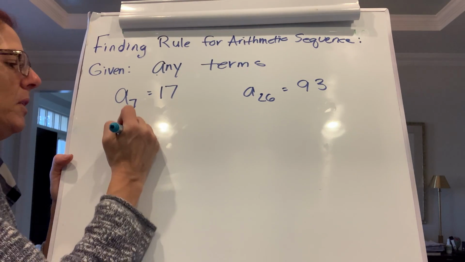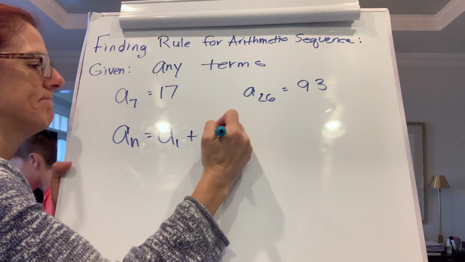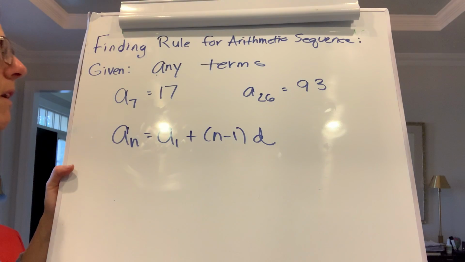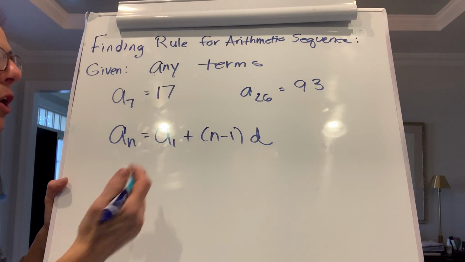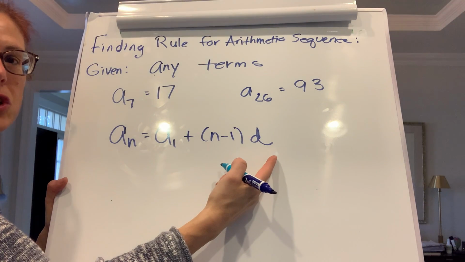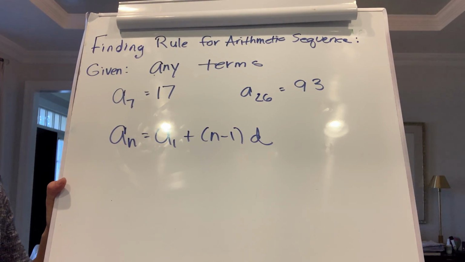So remember, our formula is this. There are two pieces of information we need this time. We don't know A1 and we don't know D. If you remember, when you're solving an equation and you need to find two variables, you need to have a system of equations.